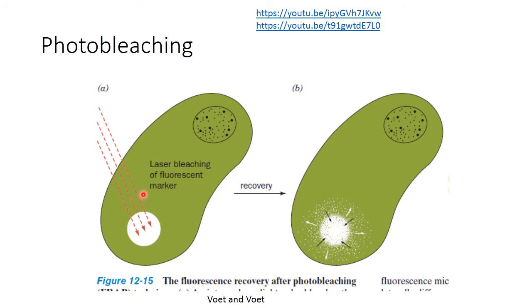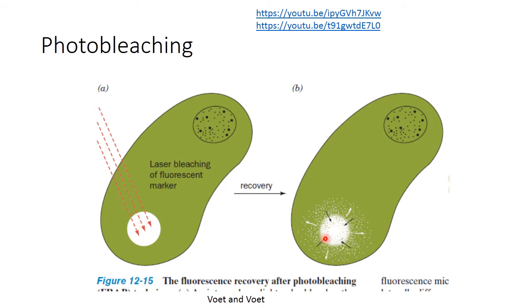Now, these molecules which are labeled, if they're mobile in the membrane, they will start to migrate in this region. So there are labeled molecules in the surrounding, and then there are bleached molecules in this area. The bleached molecules are going to diffuse away from this area, and the labeled molecules are going to diffuse into this bleached area.